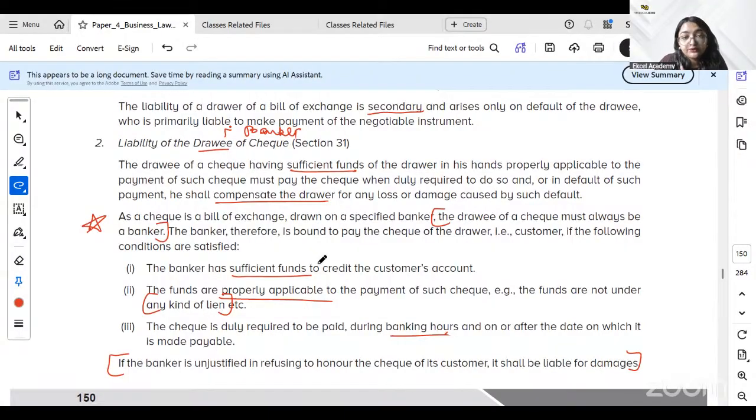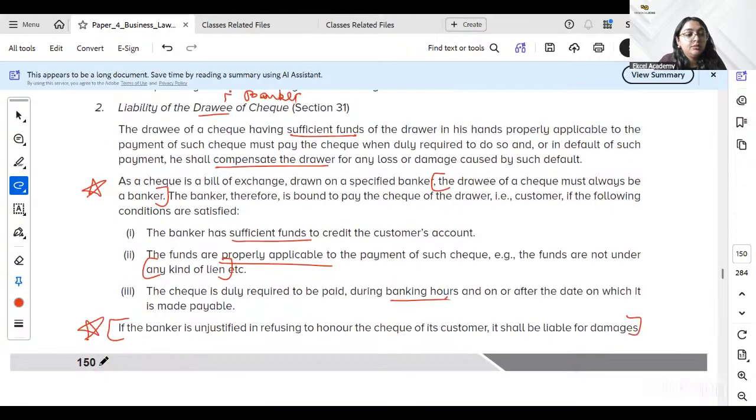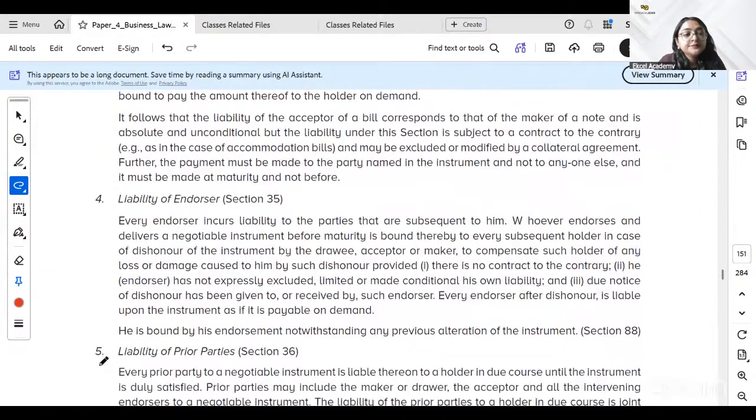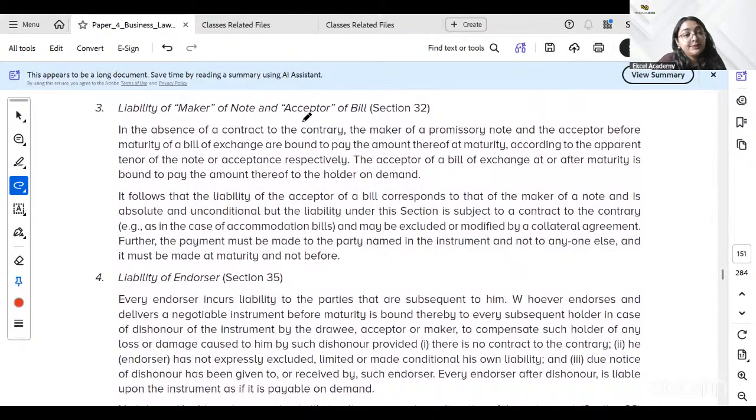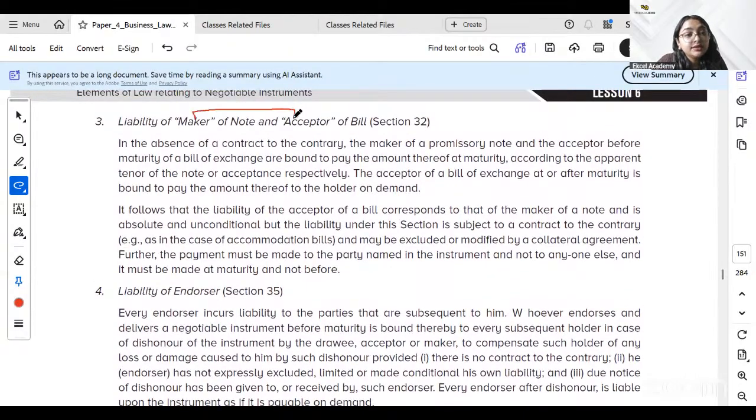You don't have sufficient funds. But if you had sufficient funds and it was still rejected, the banker will be liable for damages. Then you have the liability of the maker of a note and the acceptor of a bill. Who do you think these are? These are nothing but the ones who will be paying. In a promissory note, the one who is making the note is liable to pay. In case of a bill of exchange, the one who is accepting will be liable to pay.